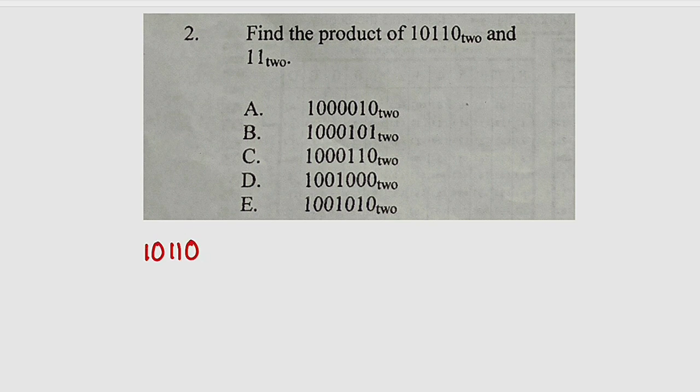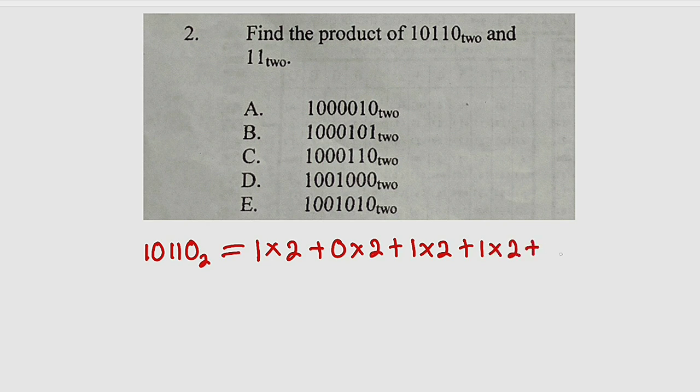Okay, let me start with the first number here, which is 10110 in base 2. If I want to convert this number into base 10, I will take the first digit, which is 1, multiply by the base, add, take the second digit, multiply by the base, take the third one, multiply by the base, the fourth one, multiply by the base, and the last one multiplied by the base, which is 2.